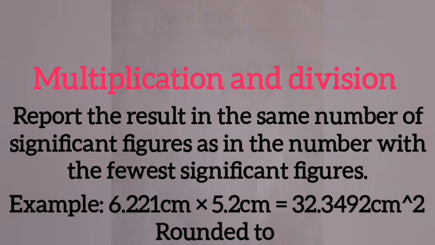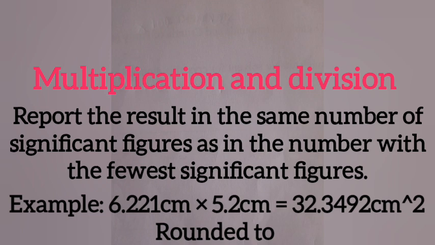we need to look at the one with the least significant figures. Looking at the values, 5.2 cm is the one with the least significant figures. 6.221 has 4 significant figures, while 5.2 cm has 2 significant figures.